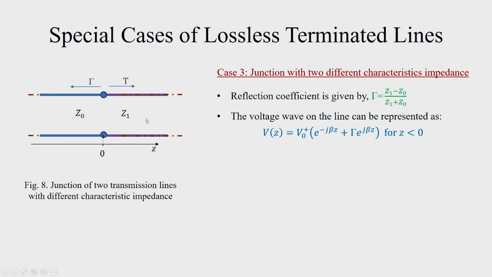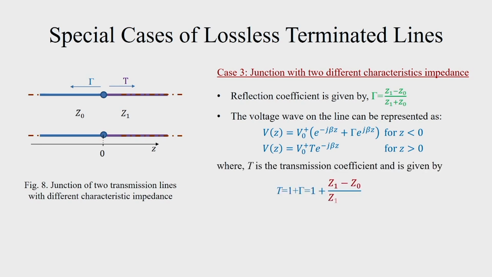When it comes to the wave propagation in the other part of the line, we find that the part of the voltage that is transmitted to the second line, that means for z greater than 0, can be written as V z is equal to V naught plus e to the power minus j beta z into a transmission coefficient T.